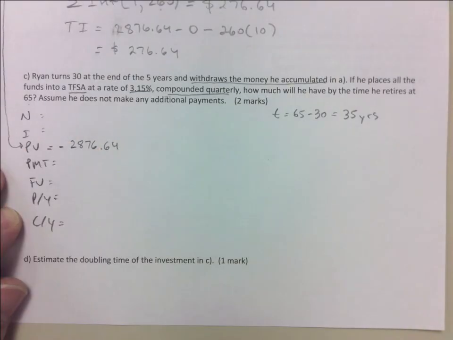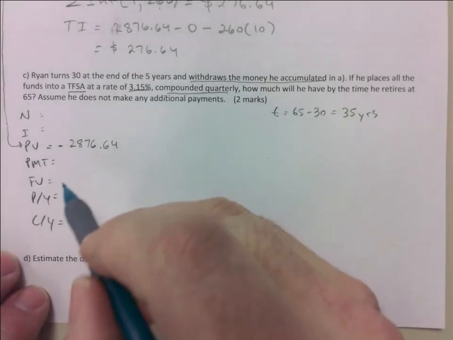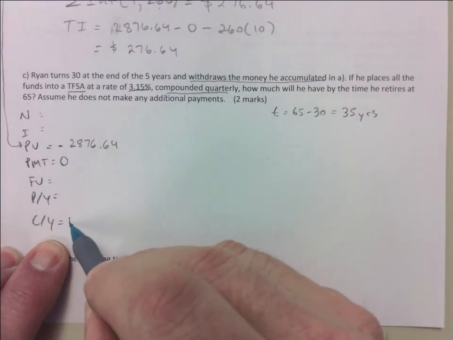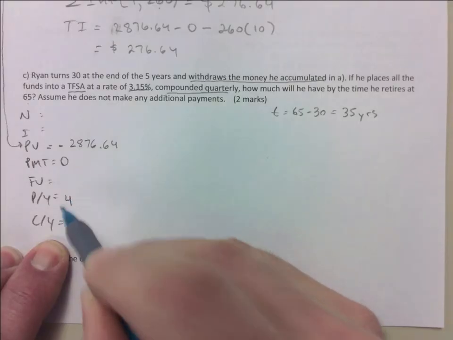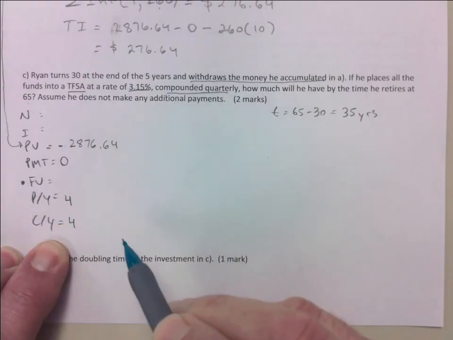Thank you. Are we making any additional payments, any regular payments here? No, right? It's just sitting there. You're just putting it in, letting it sit, letting it grow. So this is 0, which means that if compounding is quarterly, then payments will also be quarterly. I want to know what my future value is.